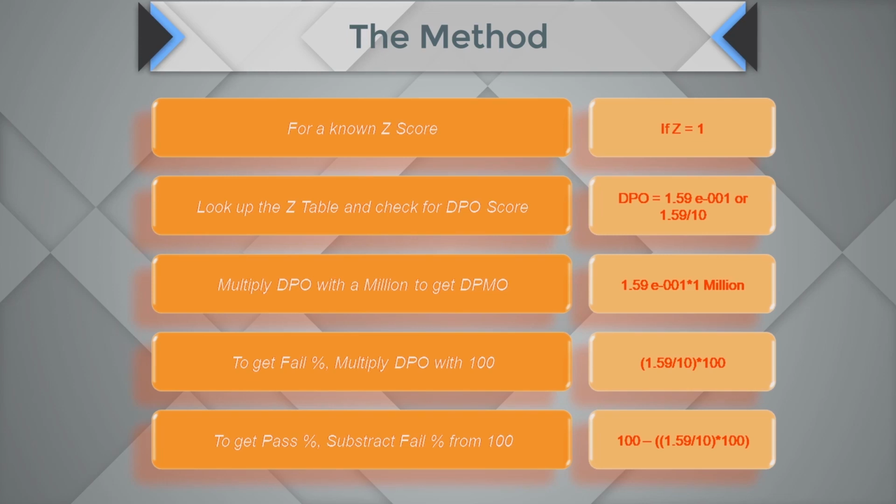If I wanted it in terms of the fail percentage, 1.59 by 10 times 100 or 15.9 shall be my fail percentage if my Z score is 1. If I want to mention it positively, I can say 100 minus 15.9 or 84.1 will be my pass percentage.